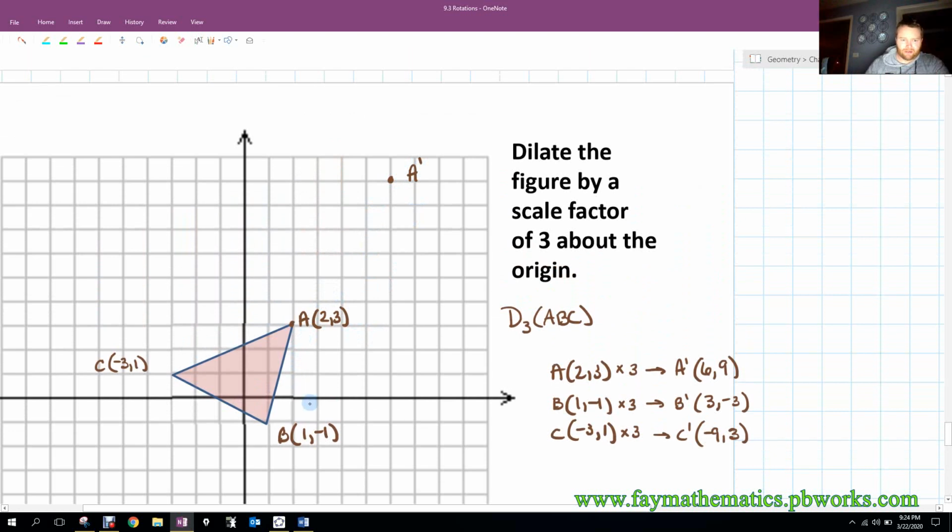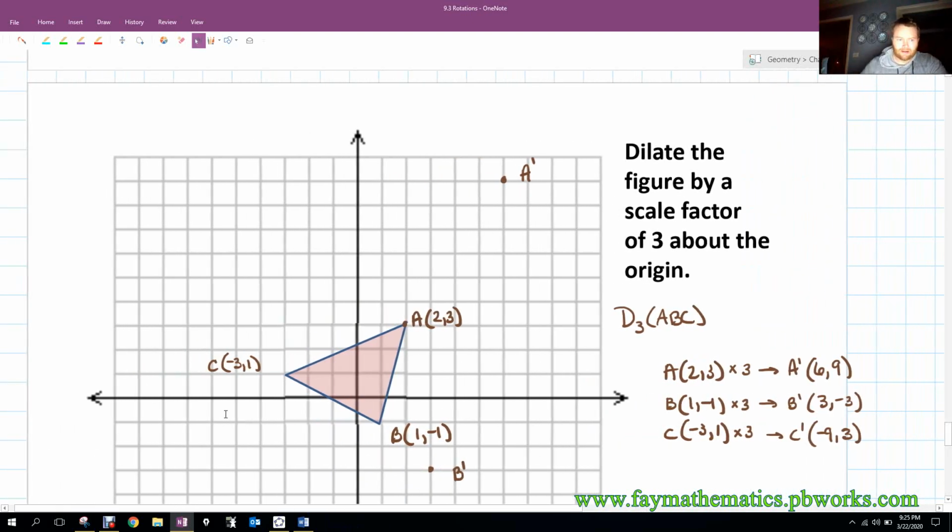B prime is at 3, -3, so there's B prime. And C prime will be at -9, 3. So there's C prime. And what happens then if we connect these?